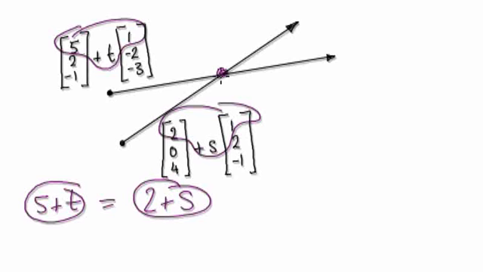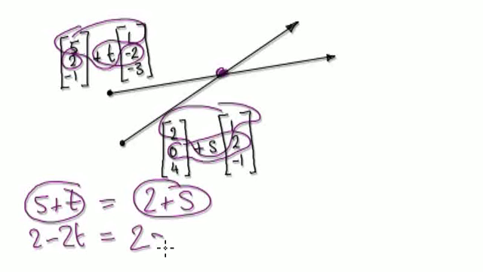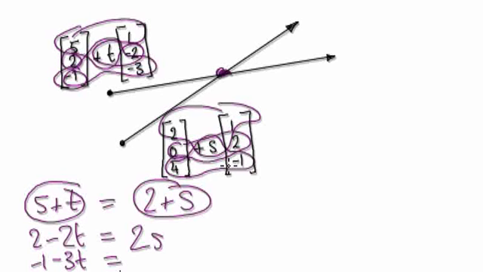So at the point of intersection, the x coordinate must be the same as the x coordinates over here. And then at this point here, 2 minus 2t must be the same as 0 plus 2s. And then at this point here, negative 1 minus 3t must be the same as 4 minus s.